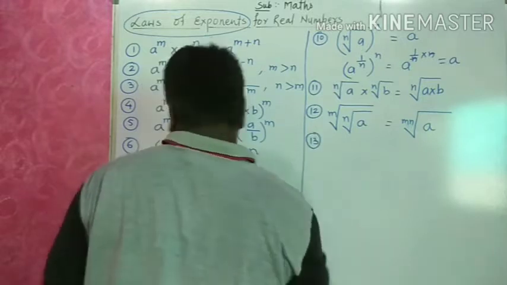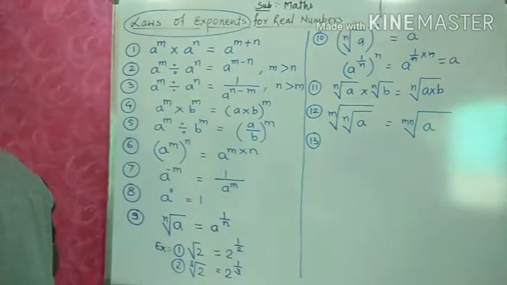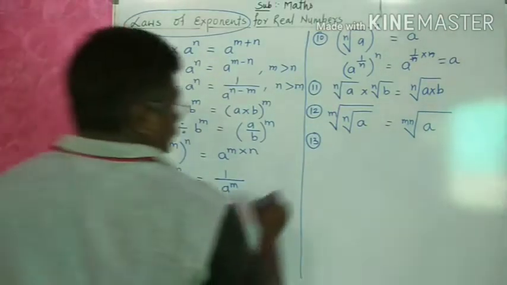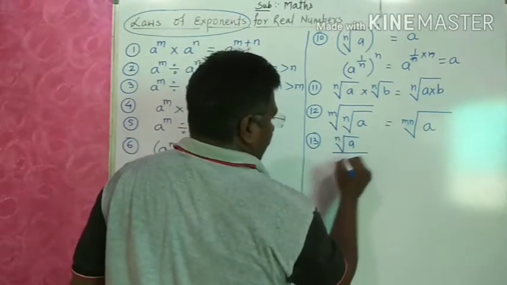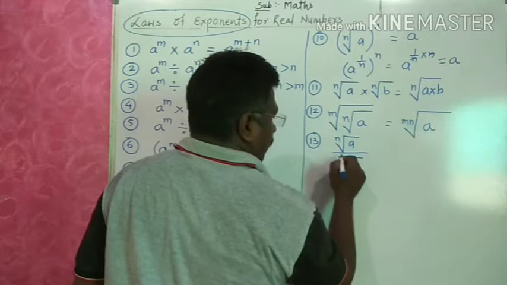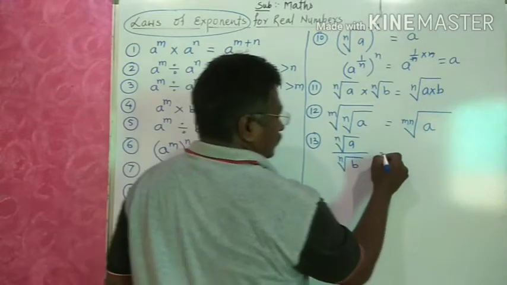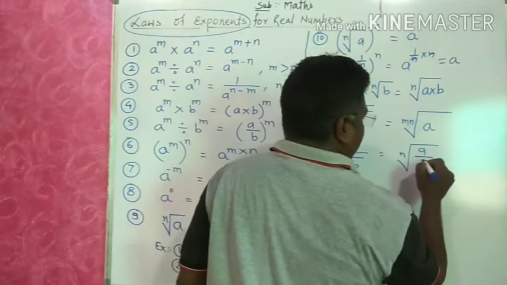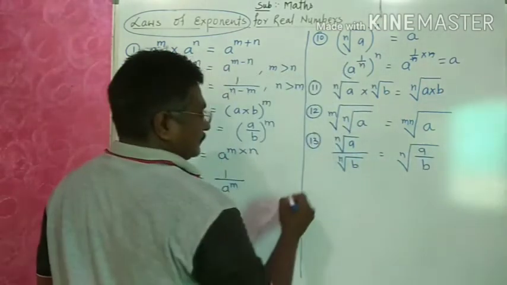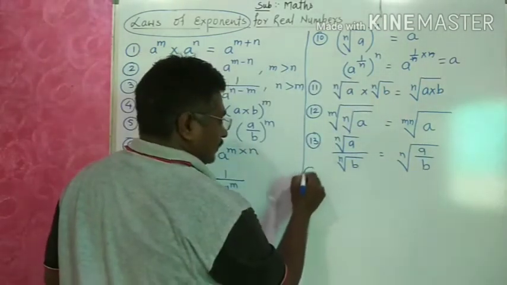13. Nth root of a by nth root of b. So how can we write? Nth root of a by b.